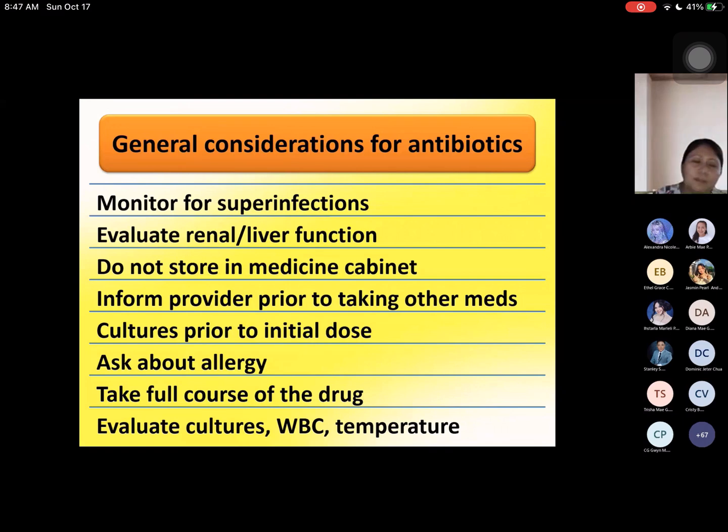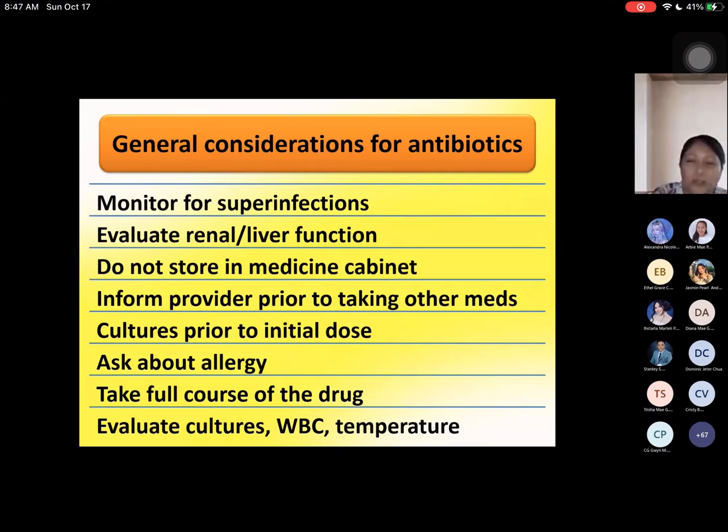Next, inform provider prior to taking other medications. So if you have a maintenance dose before they will give you another medicine for your infection, they need to know your maintenance medication, that it might interfere with or overlap with your present condition.